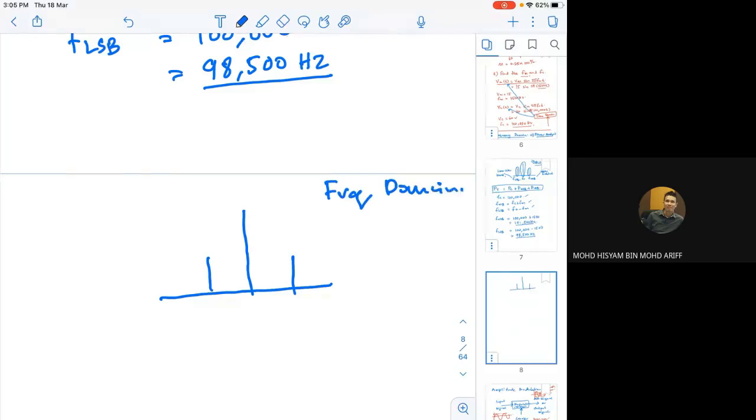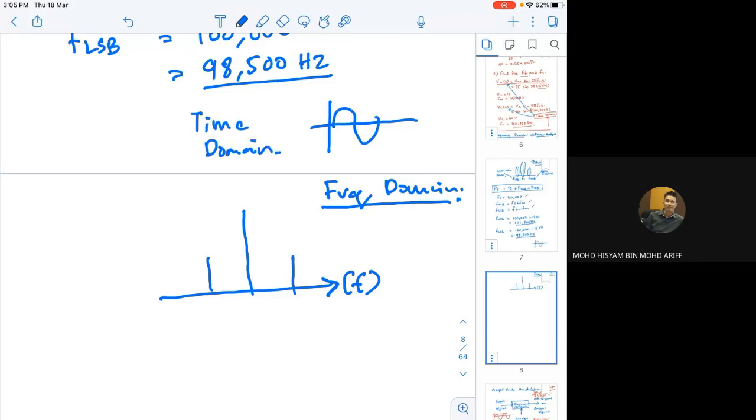Why frequency domain? Because this axis represents frequency. Last time was the time domain, because that axis is represented by T. Here it is represented by F. Understand or not?